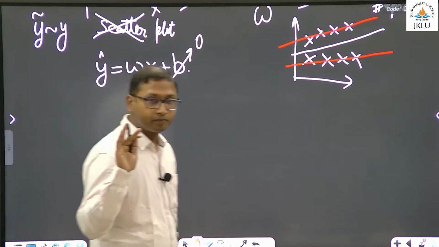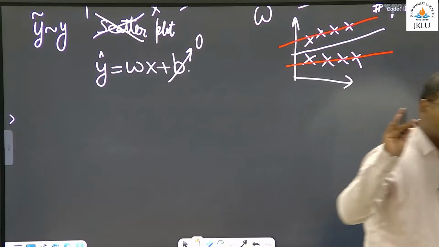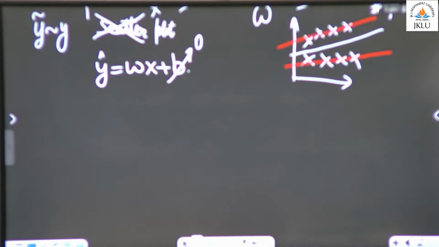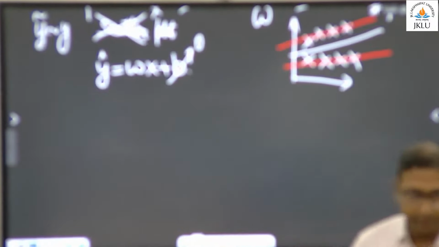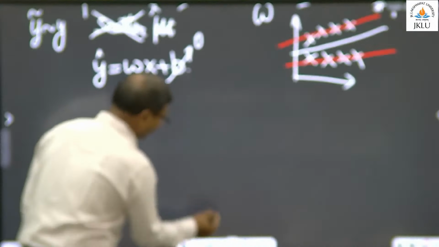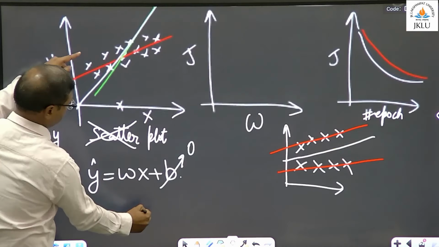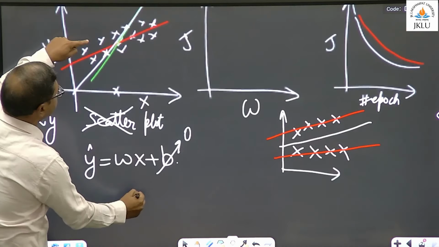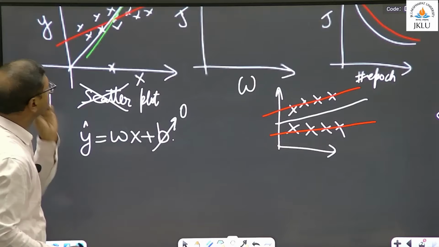Don't tell me what you have memorized in your minds, just come afresh. I want to define this cost function for my linear regression, where I am supposed to solve this problem that I want a best line that fits here. How do I do it?